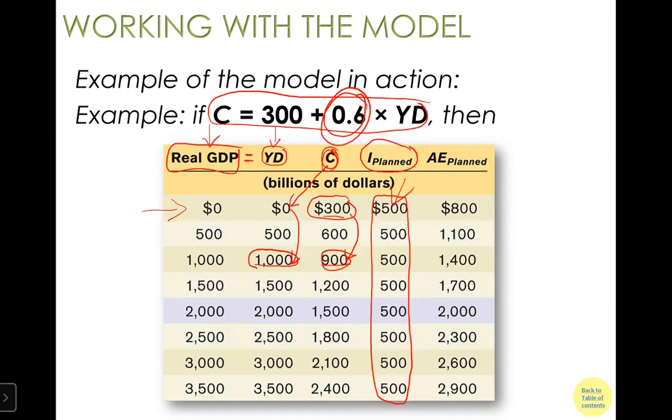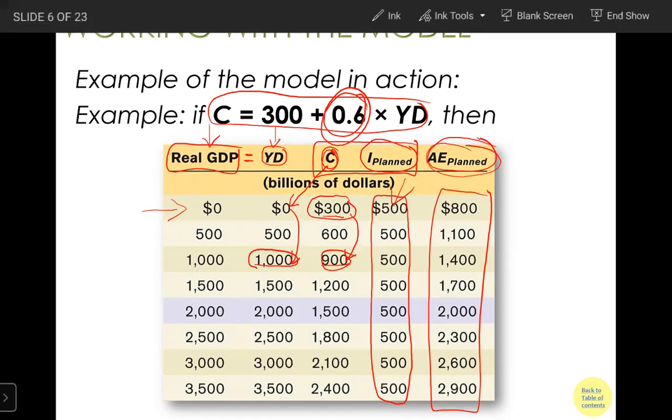Now we add C and I all together. That is the planned aggregate expenditure, so you have this column. Essentially, this is a planned GDP in terms of expenditure.